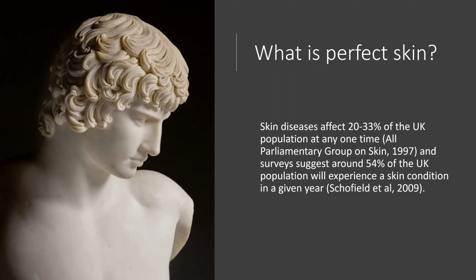So and so has such smooth skin, or so and so has great complexion, or so and so doesn't have these scars or these discolorations. Whereas the statistics actually say something different. Every other person likely had a skin issue in the past year. They can have different conditions and different degrees of seriousness, but over half of the people will experience some kind of malfunction of the skin.